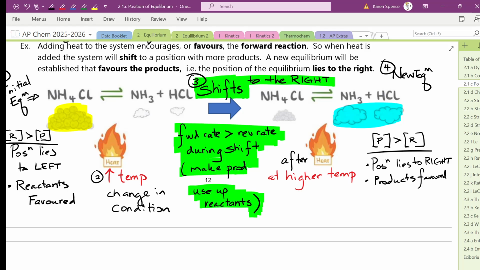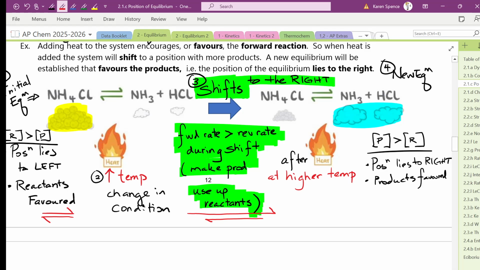So if we were to draw our equilibrium arrows to show the difference in the rates, by the way, we don't normally do this on tests, but it is useful for illustrating. At our original equilibrium, we would have our forward rate and our reverse rate. And then while we are shifting, we'll have our forward rate and our reverse rate.